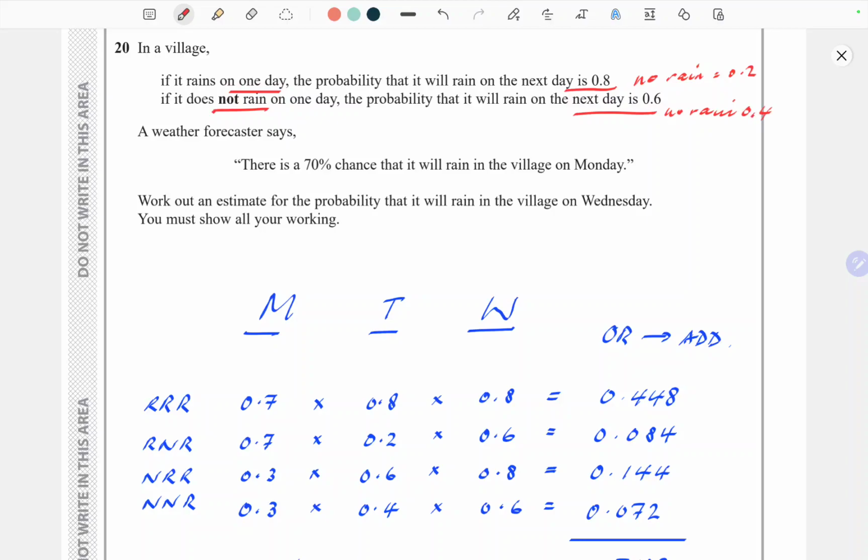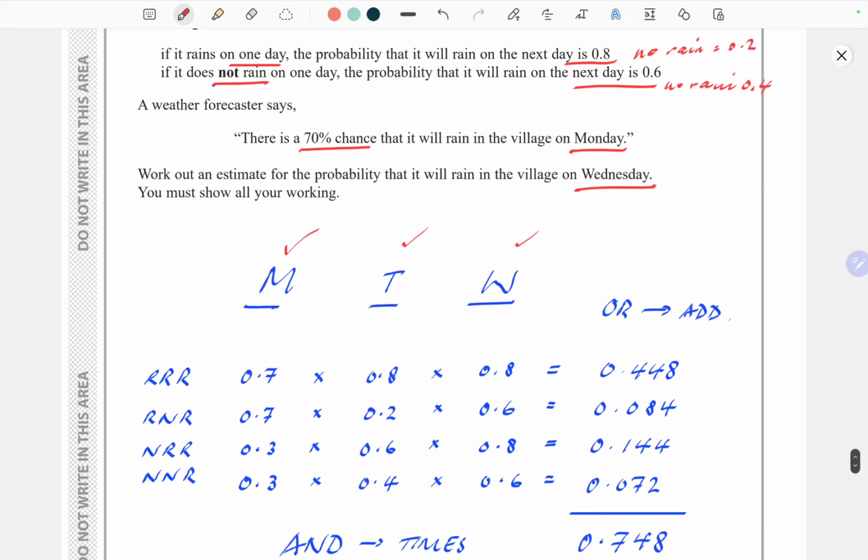So we start off on a Monday. A forecaster says there's a 70% chance of rain. And they want the probability of rain on the Wednesday. So we have to go from Monday, Tuesday, to a Wednesday.